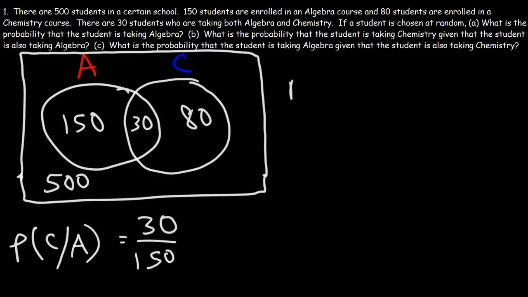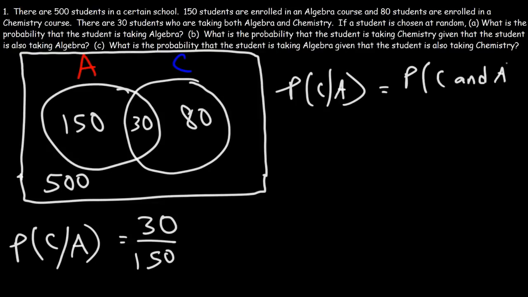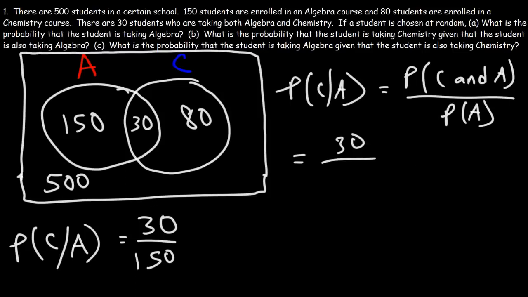Now, for those of you who prefer to use the formula, this is going to be the probability of getting C and A divided by the probability of getting A. So the probability of getting C and A, the probability that a student is taking algebra and chemistry, is 30 out of a total of 500 students.